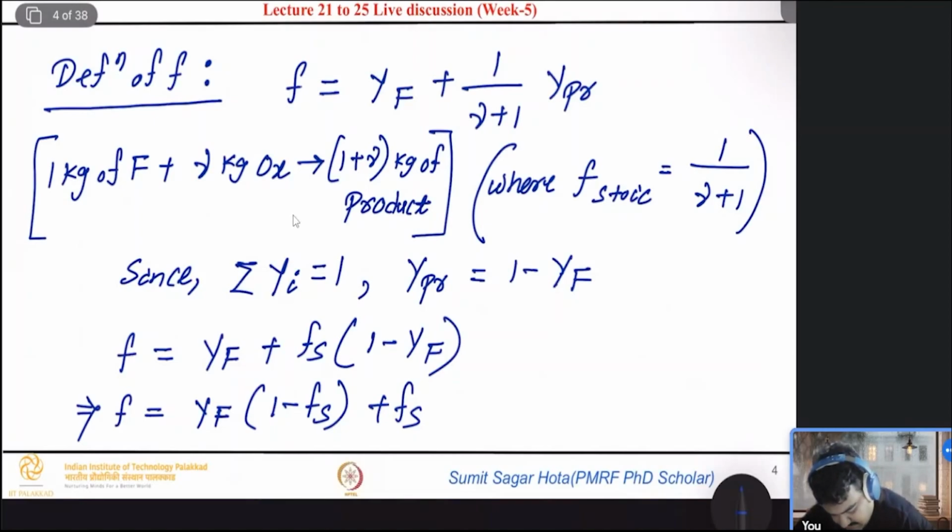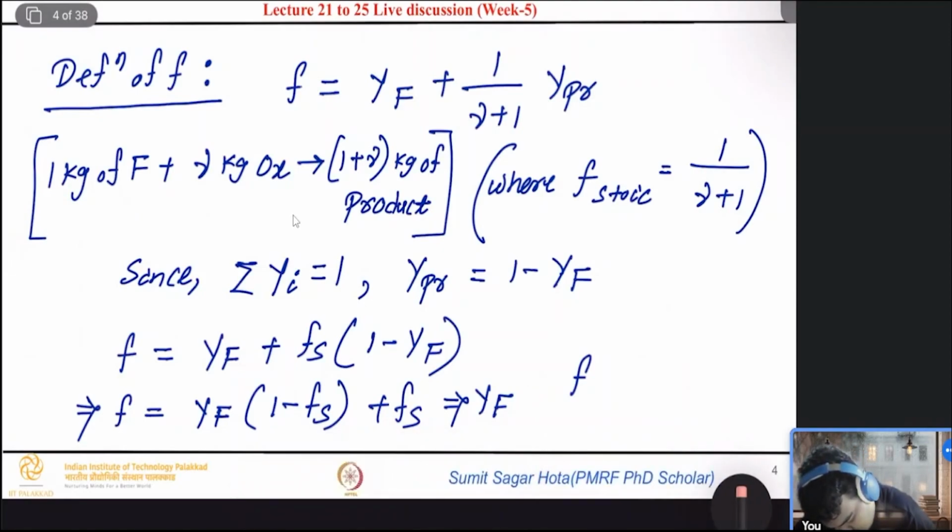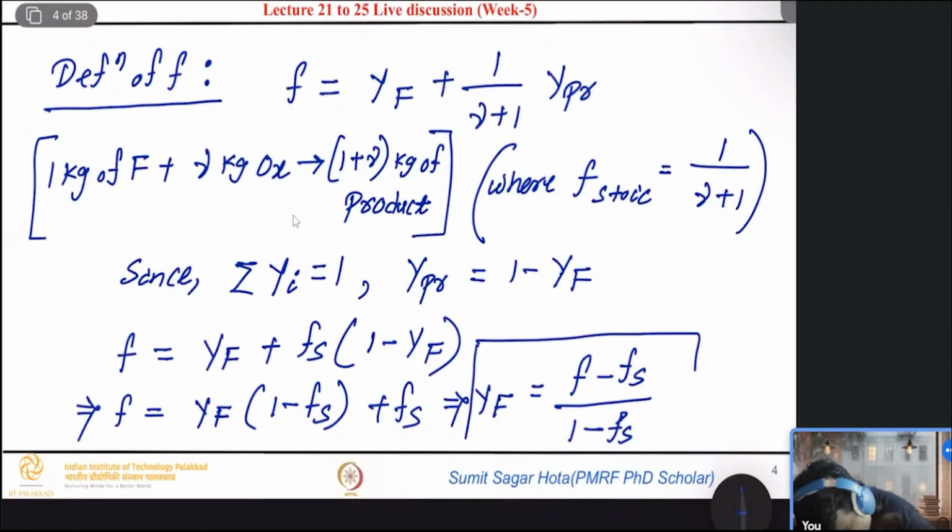Now what is Y_F? Y_F is equal to F minus F_s divided by 1 minus F_s. Hence proved.